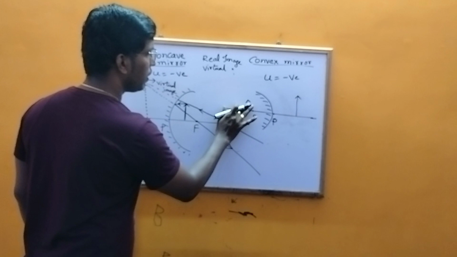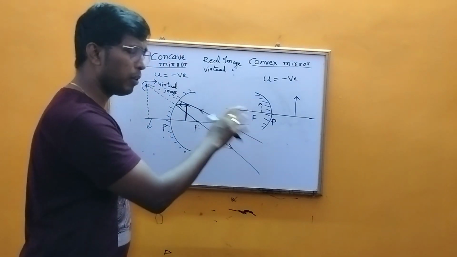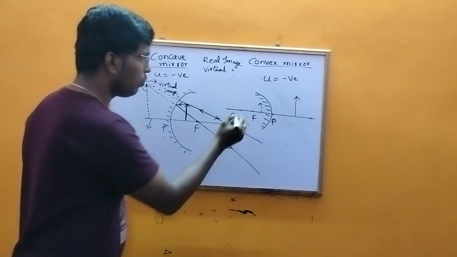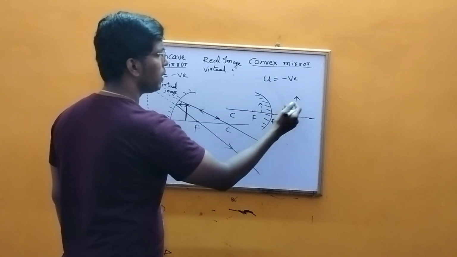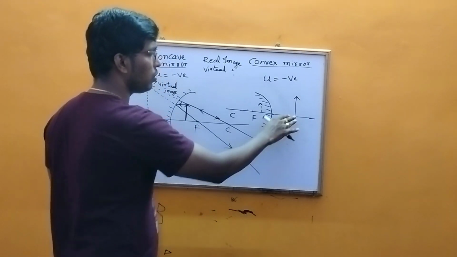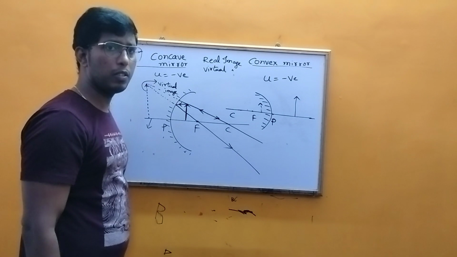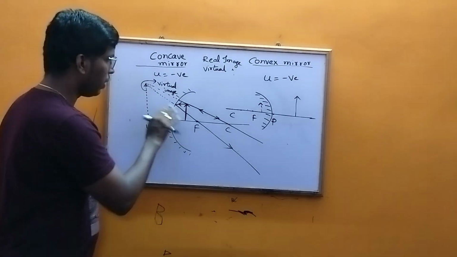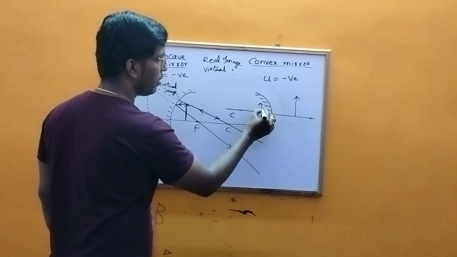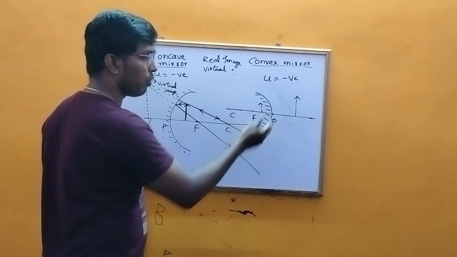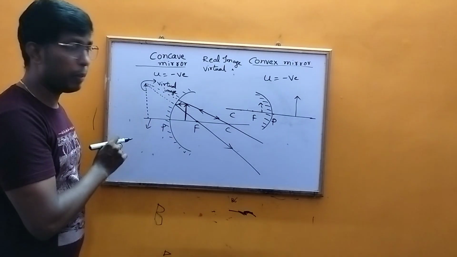Always we get the image between P and F. I have already made the video, you can watch it. So what we understand is, in convex mirror, even if the object distance changes, we always get the virtual image. Convex mirror always forms a virtual image, while concave mirror can form a real image.